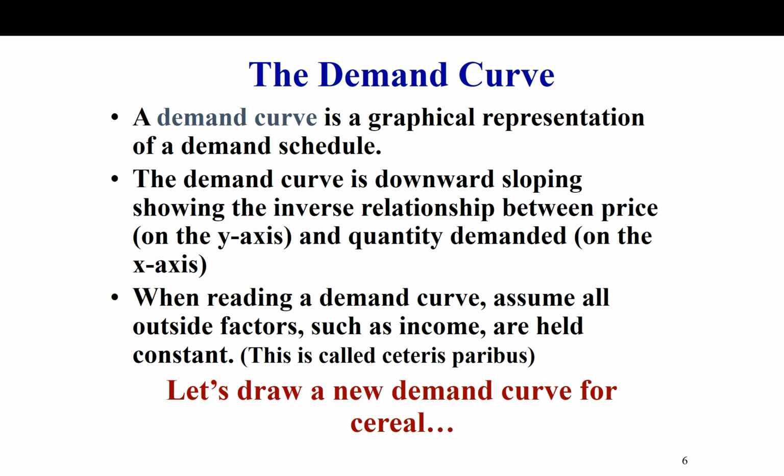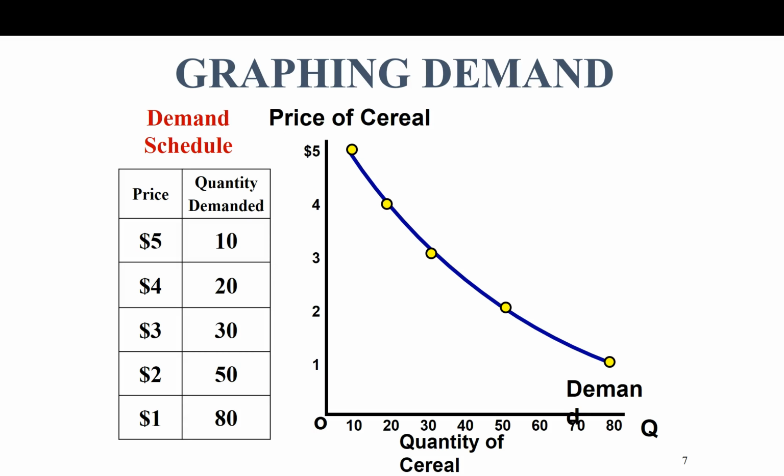Now, there will come a time when we drop that ceteris paribus assumption, and we will have a change in the demand curve. But at this point, while we're just examining the relationship between price and quantity, we hold everything else constant. So let's look at a demand curve. Here it is. This is for cereal, and I'm being very general here in the market for cereal.